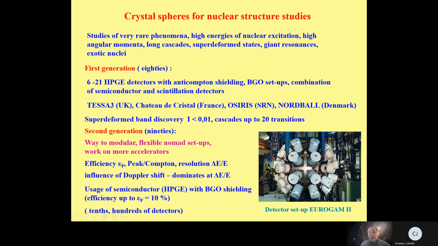What you see are the dewars for liquid nitrogen, because these semiconductor germanium detectors must be cooled to the temperature of liquid nitrogen to work. That means it is necessary to have this dewar.